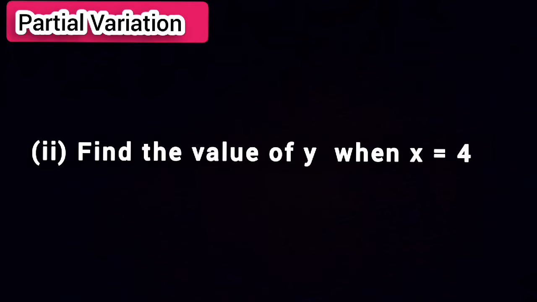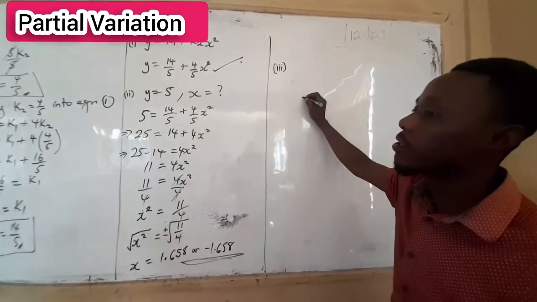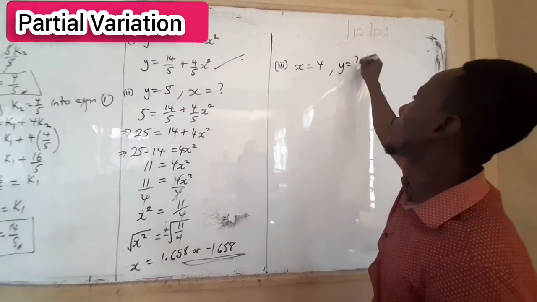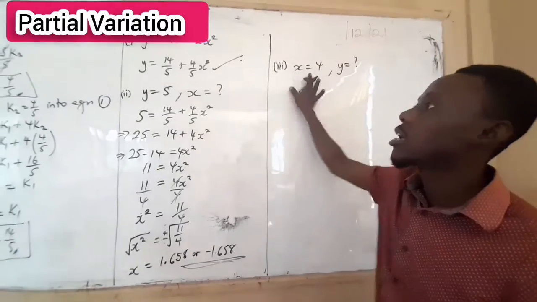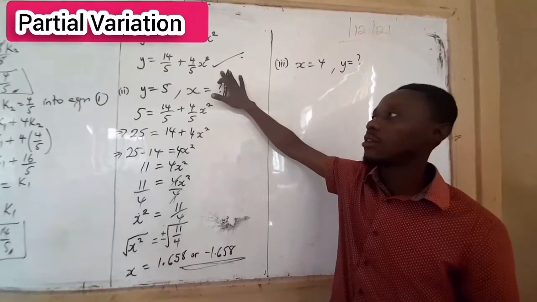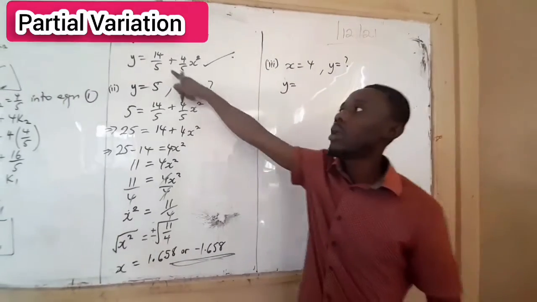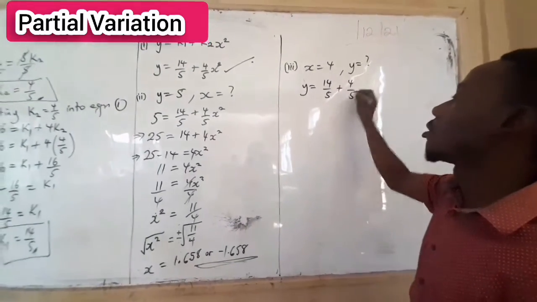For the II part: find the value of y when x is equal to 4. It is saying that x is equal to 4 and for y we don't know. So putting the value of x into the connection, we will have y equal to 14 on 5 plus 4 on 5.